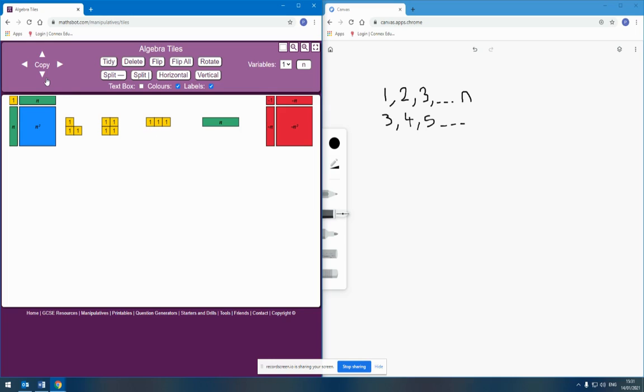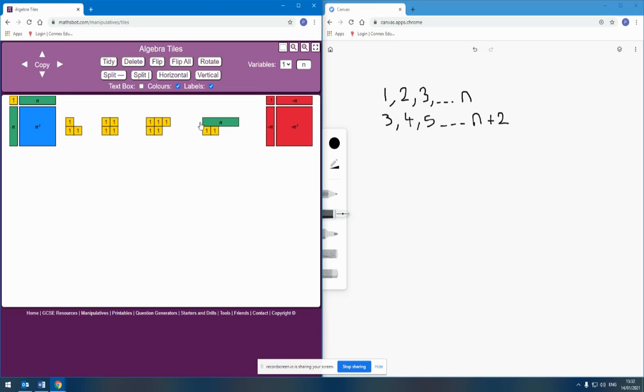And to turn this 3 into 5, I've added this extra 2. So in general, I'm going to be adding a row of 2 to the bottom of my n. And so we can see that the nth term of this is simply n plus 2.